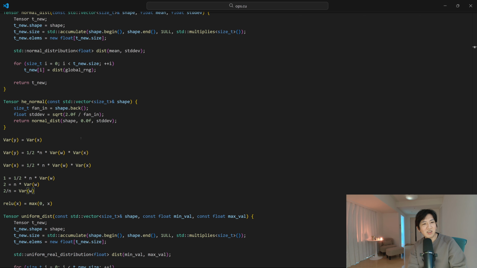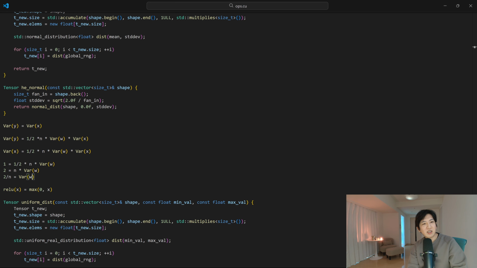And if we see how He normal is implemented, I indeed have 2 over fan in, which just means the number of inputs. So this is how He normal was created, to compensate for the ReLU that zeroes out half of the inputs.